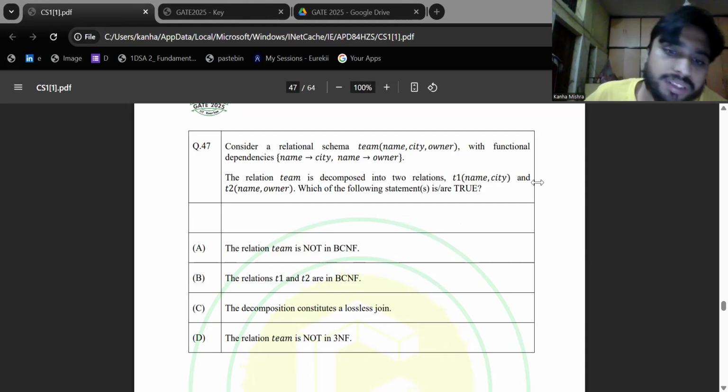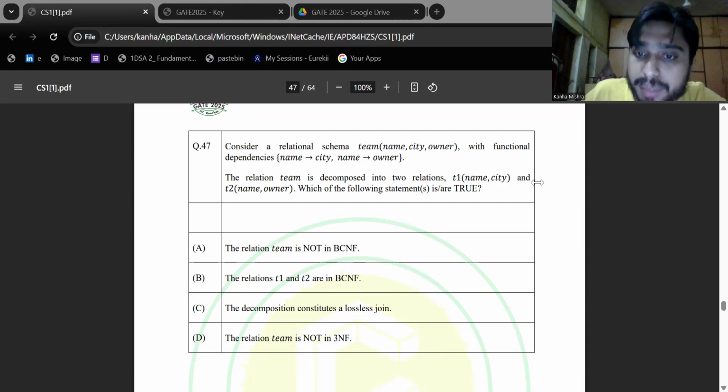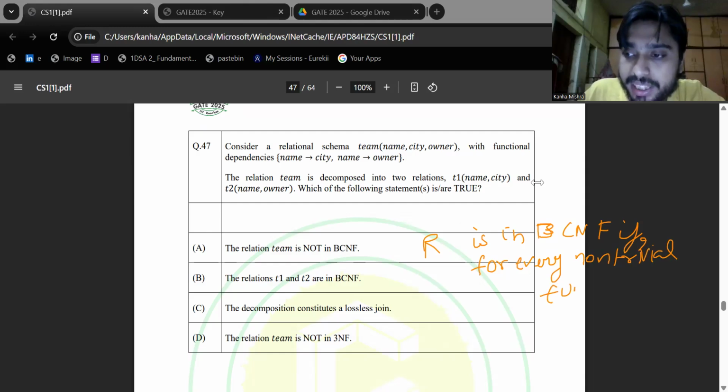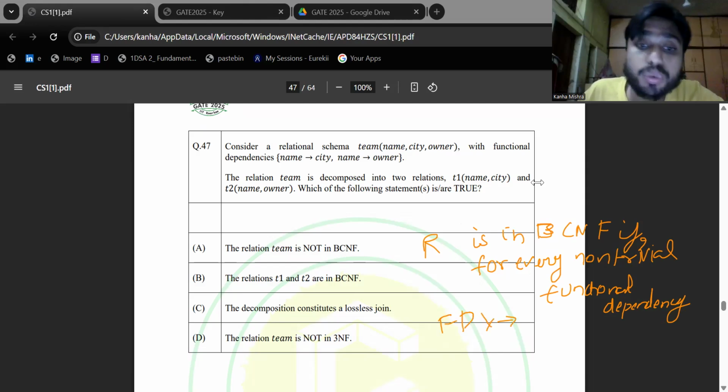A relation R is in BCNF, Boyce-Codd normal form, if for every non-trivial functional dependency X implying Y, X is a super key.